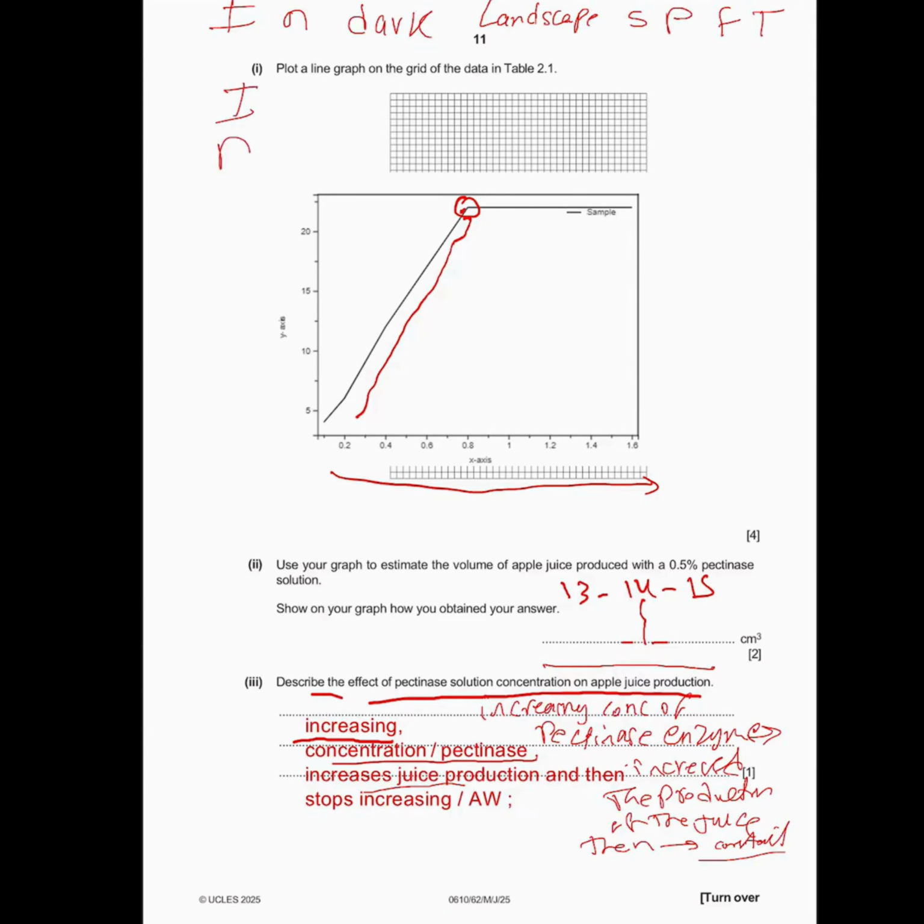I D L S P F. I stands for independent on the X, dependent on the Y, label the axis, scale is correct, plotting using dots or X, fit the graph more than 50%, okay? And T for the trend, which is understanding what's happening in the graph. Easy?